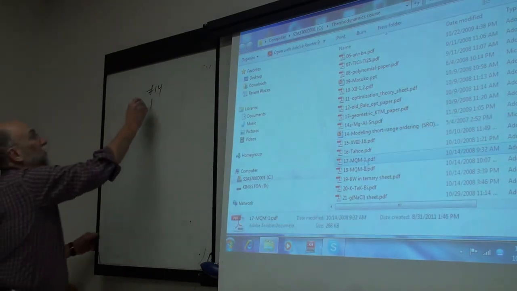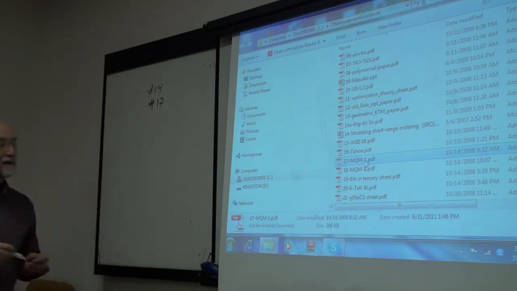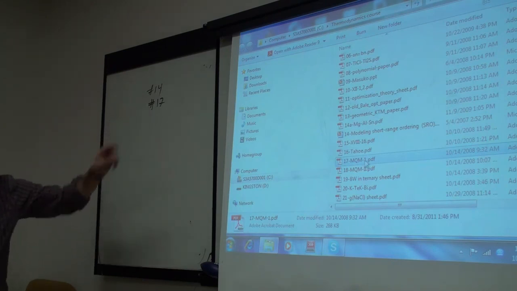Or 14 first, and then take a look at number 17, which is the modified quasi-chemical model for binary systems done with all the bells and whistles. Or you can just wait till next week, but at least look over number 14.